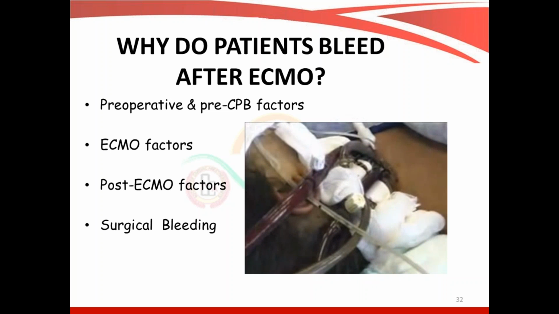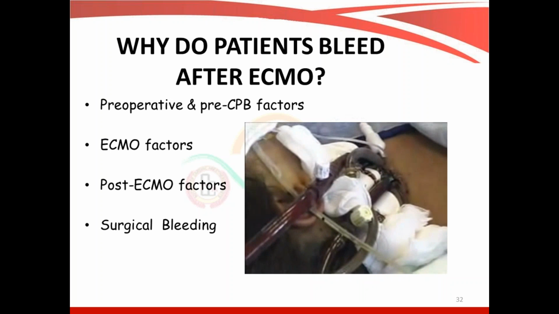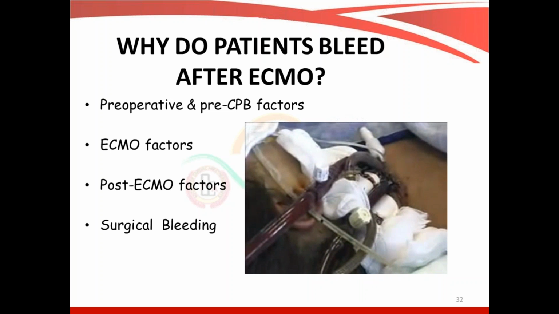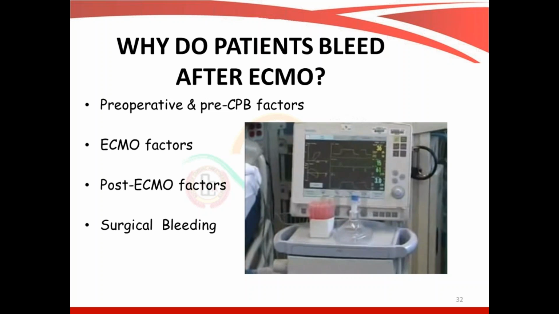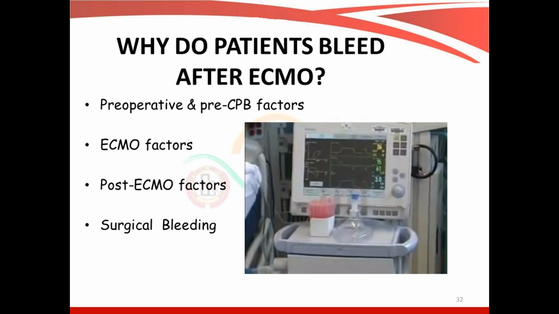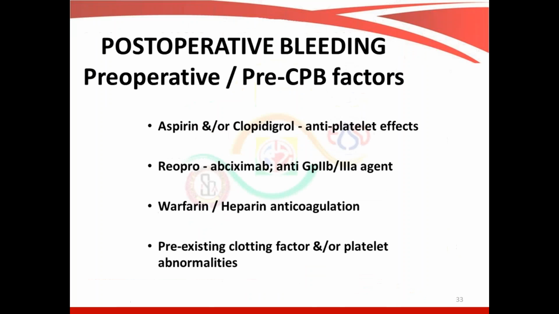So why do patients bleed? There are so many ECMO factors, there are post-ECMO factors, and surgical bleeding because of cannula malpositioning and so many other causes. I'll cut this short, but this was one such thing to tell you.